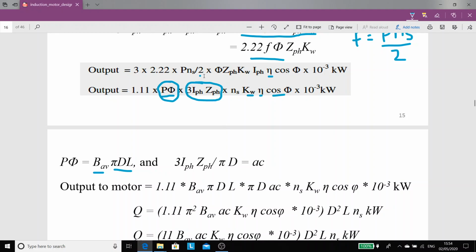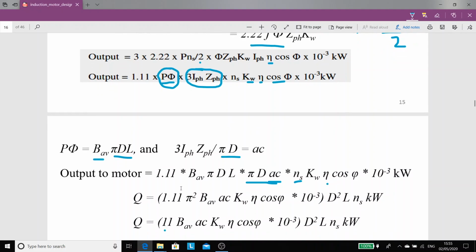Similarly, total electric loading is equal to specific electric loading multiplied by your total armature length. So we put this value in the equation, and we will get output of motor equal to 1.11 into B average into pi D L into ampere conductor, that is your specific electric loading, into pi D, then ns speed as it is, kw as it is, efficiency as it is, and power factor as it is.